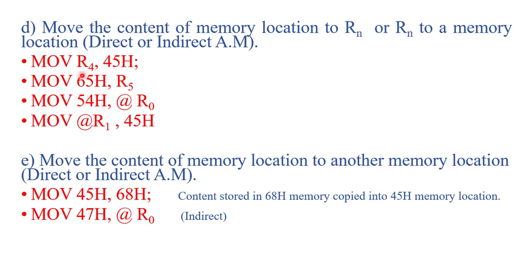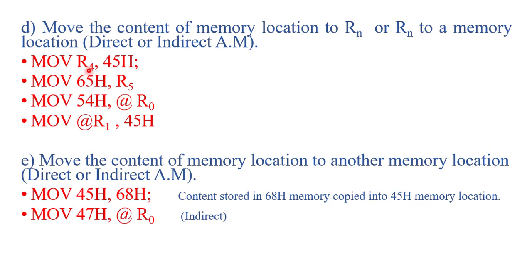Here 45H indicates this is the memory location and R4 is a particular register of a selected register bank. So this instruction tells that move the content which is stored in 45H memory location into the R4 register. Next instruction is MOV 65H, R5. This instruction tells that move the content of R5 register into the 65H memory location.